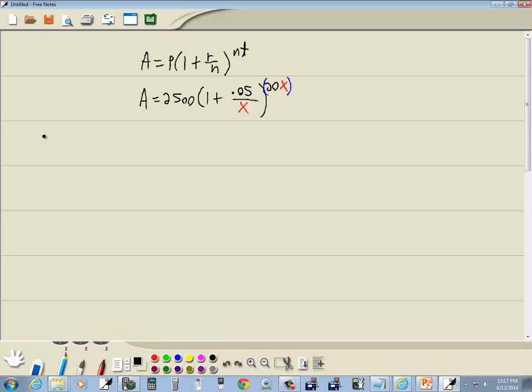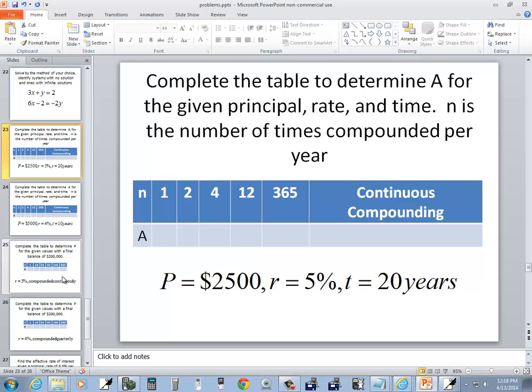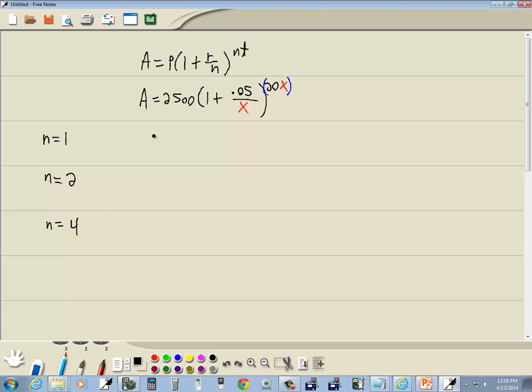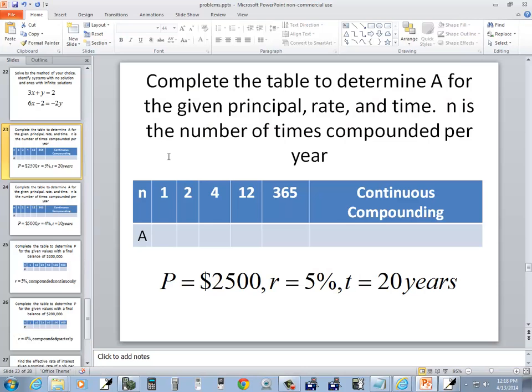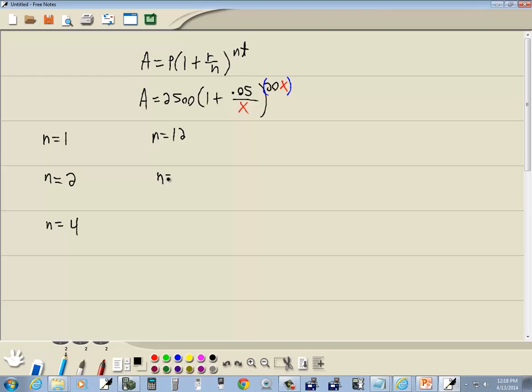So first thing they want is N is equal to 1, then N is equal to 2, N is equal to 4, N is equal to 12, and N is equal to 365.